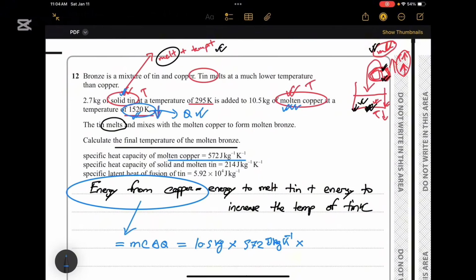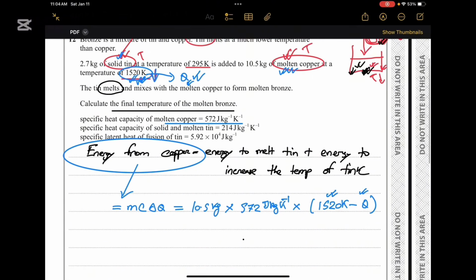The del theta means this 1520 Kelvin will decrease to a value, so we will write 1520 Kelvin minus theta. Some guys have a question, why have I written this theta value after that? Because this theta value will be lower than this value. That's why we always write the higher value in the beginning and then the lower value in the end. Okay, so we are done with mc del theta.